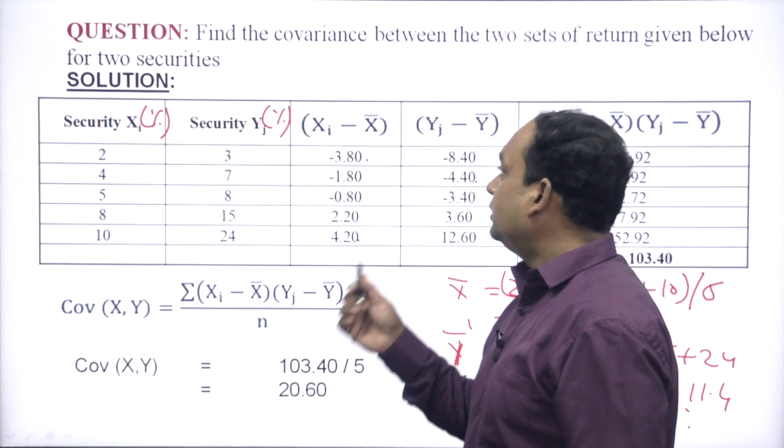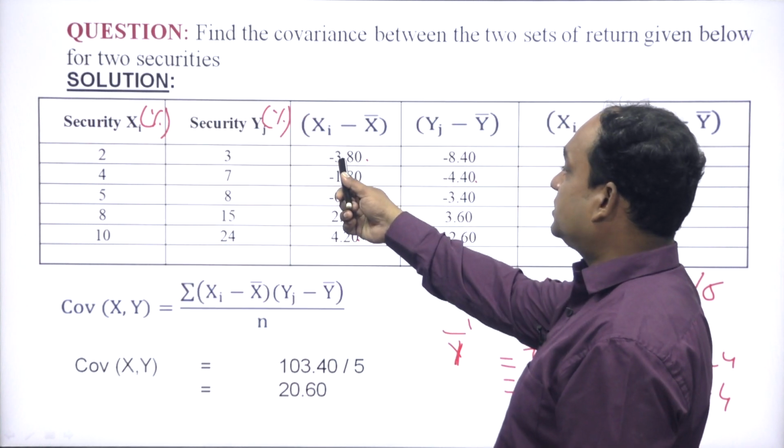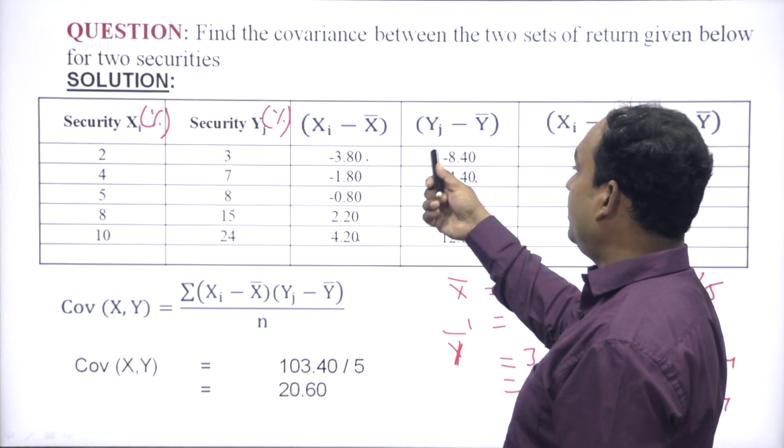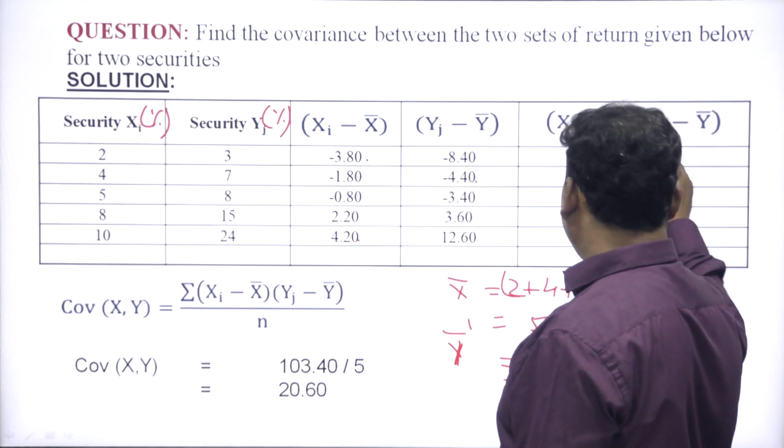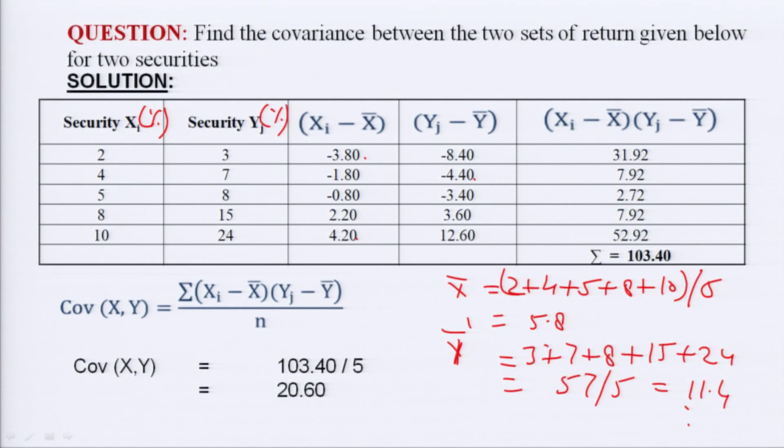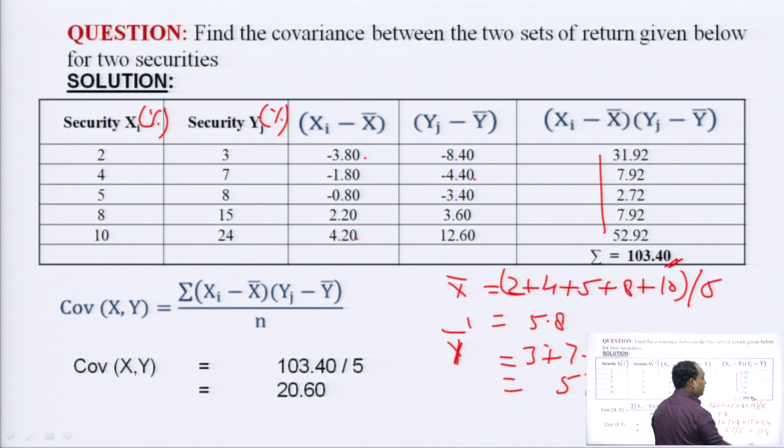When we multiply these two deviations, x minus x bar and y minus y bar, we get these figures, and their summation is 103.4. The covariance of x y is equal to the sum of the multiplication of deviations between the two securities divided by the number of returns, where n is equal to 5.